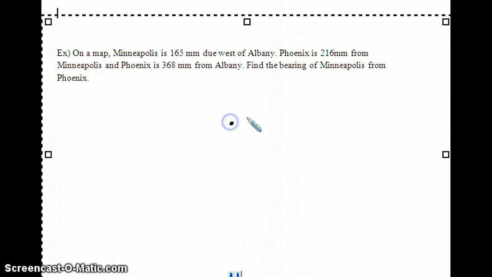So if I say that this is Albany, and 165 miles due west would be Minneapolis. And then Phoenix is 216 miles from Minneapolis. Geographically, Phoenix should be over here somewhere, looking at the map of the United States.